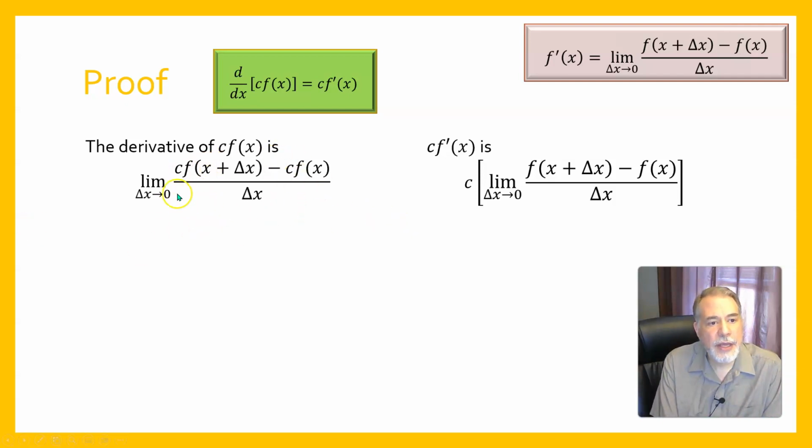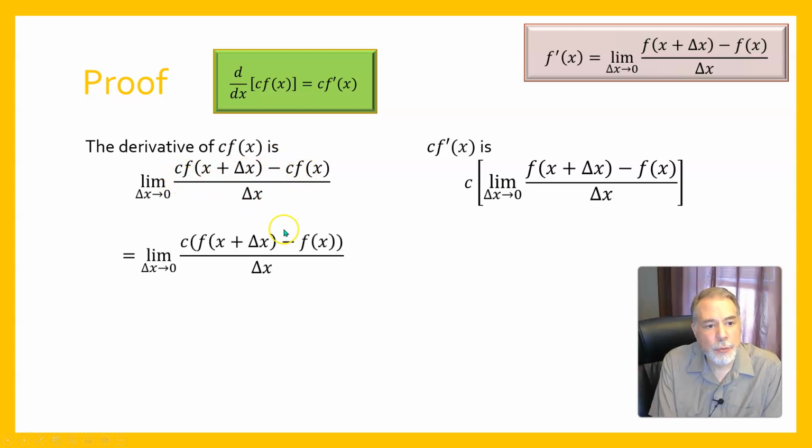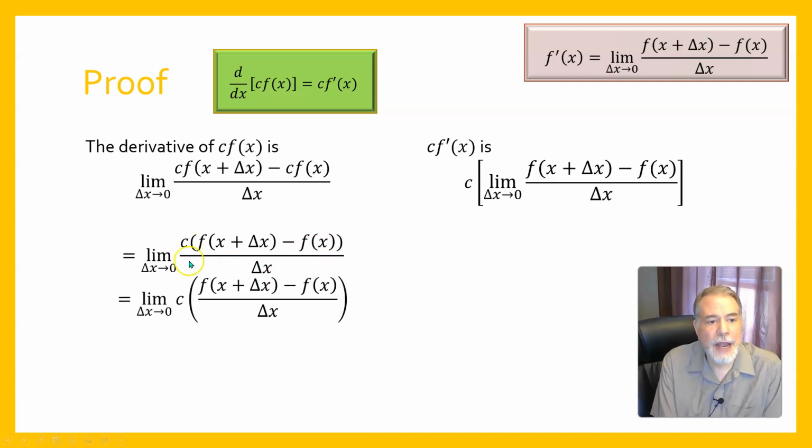If we start with this, we can factor out the common factor of c in the numerator, right? That is c times the quantity f of x plus delta x minus f of x. And if c is a factor of the numerator, we can think of it as a factor of the whole fraction. C times the whole fractional expression f of x plus delta x minus f of x over delta x.